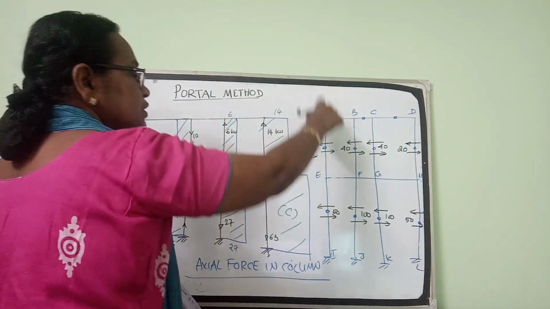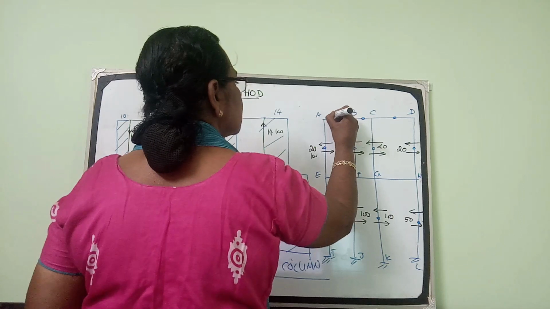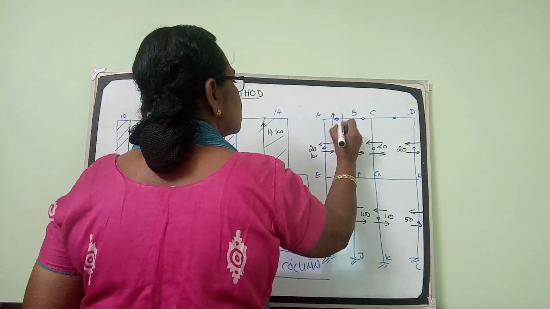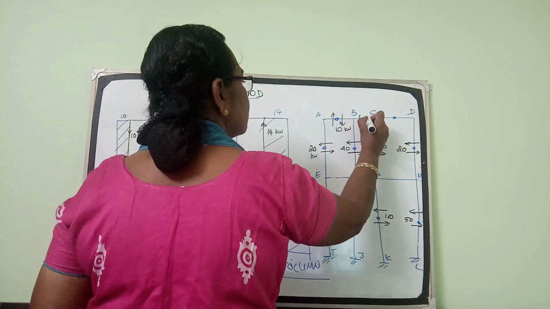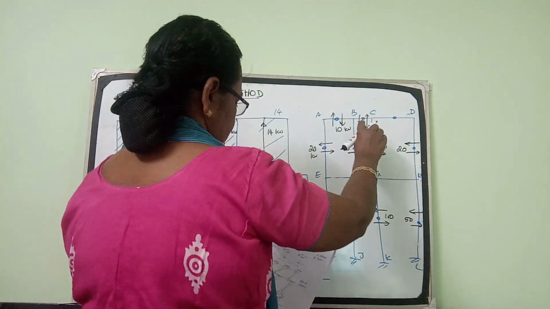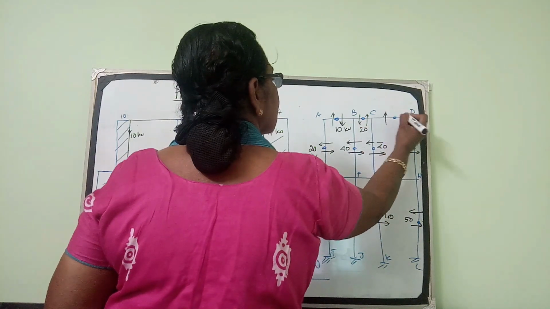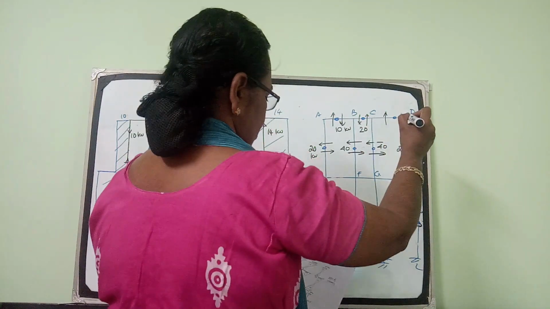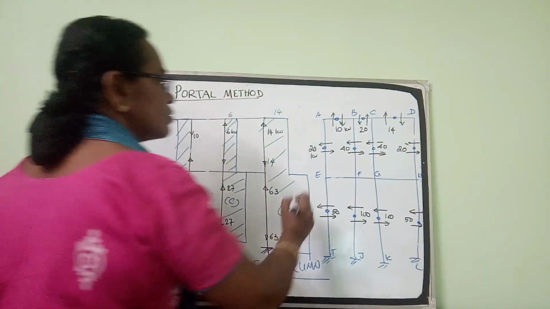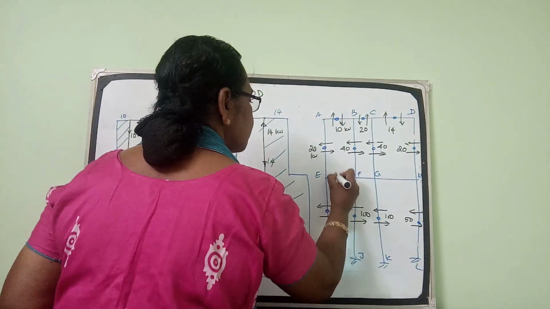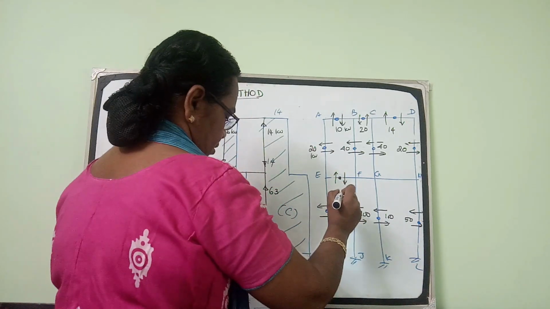Now coming to the shear force in beams. In the top beams, the shear force it was 10. In this beam, it was 20. And this beam CD, it was 14. The bottom beams here, it was 35.